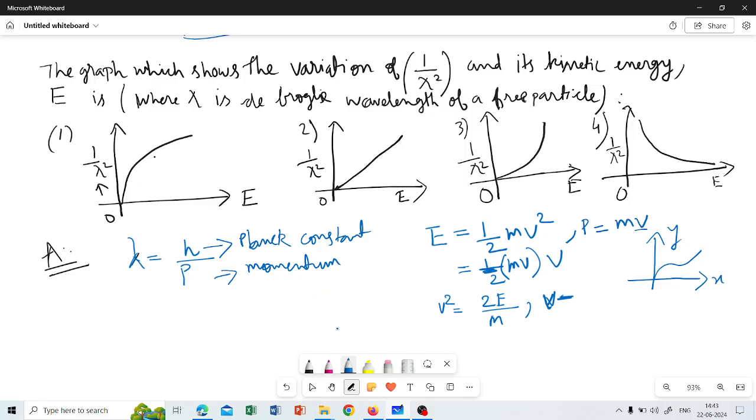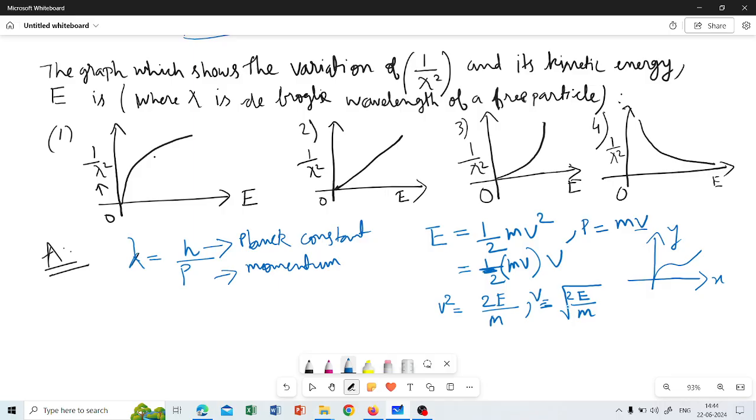V is the square root of 2E by m, right? This is v.